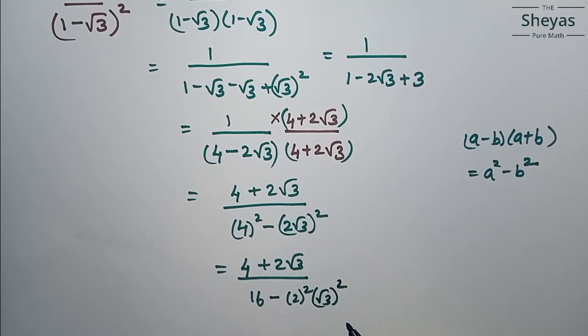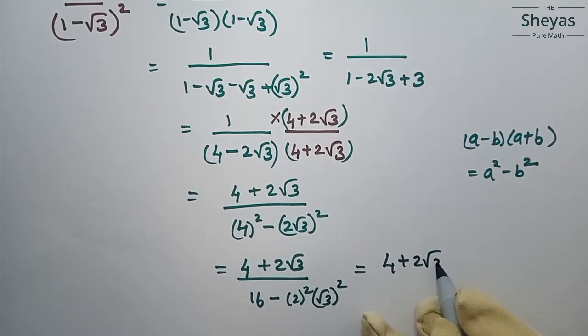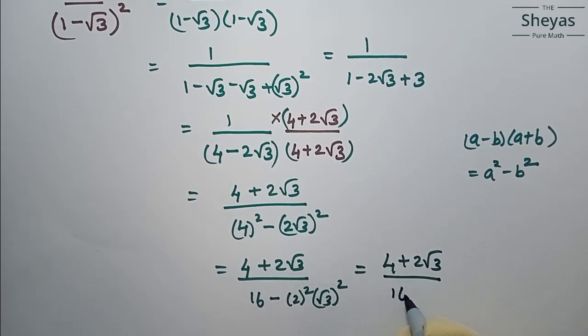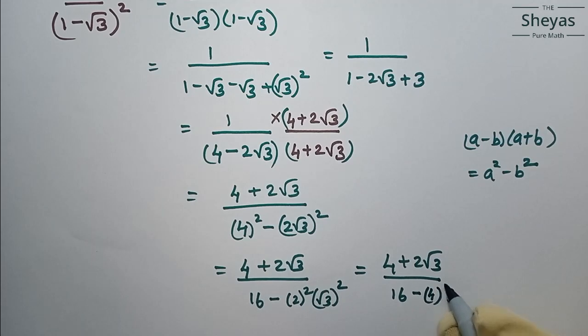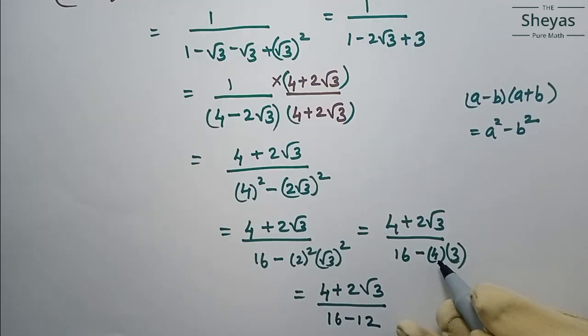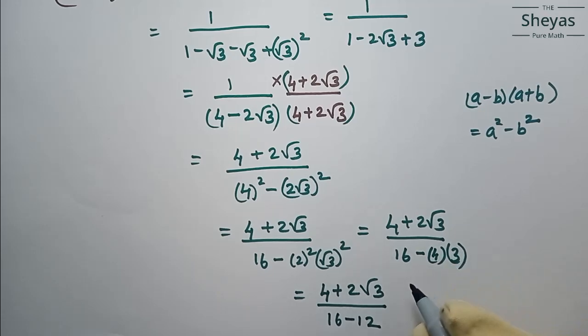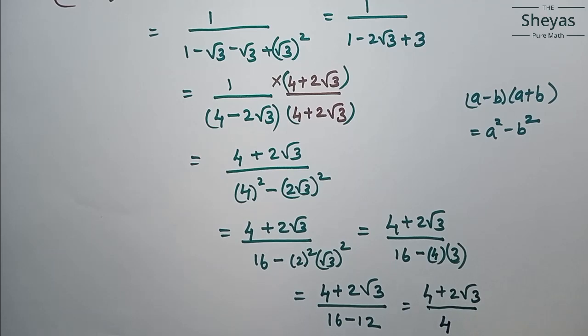Then 4 plus 2 root 3 by 16 minus, 2 square is 4, then root 3 square is 3. In the next step, 4 3s are 12. So I have written that 12 here. So 16 minus 12, so 4 plus 2 root 3 by 4.